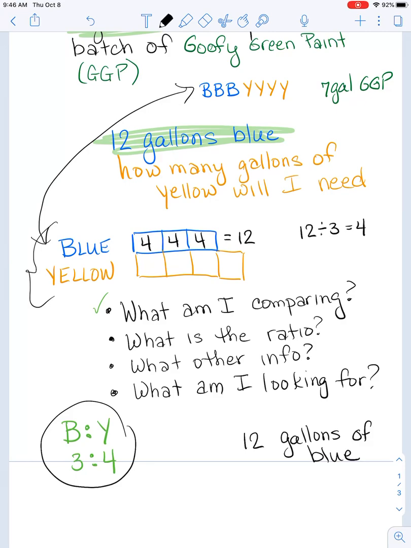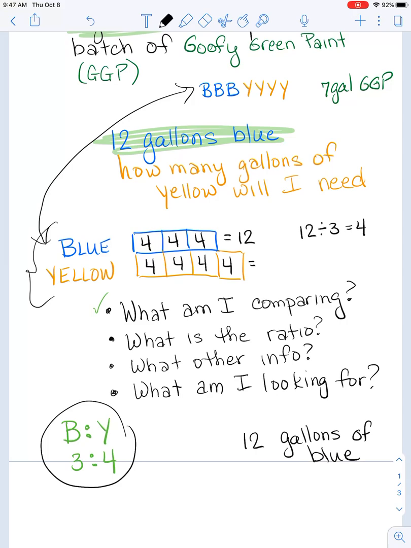Remember I said that I put the yellow kind of attached to the blue because I wanted to have the same size boxes, because in a tape diagram, once I put a 4 in one of those boxes, I must put a 4 in every single box.